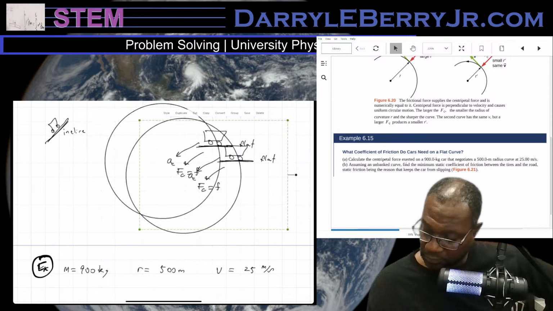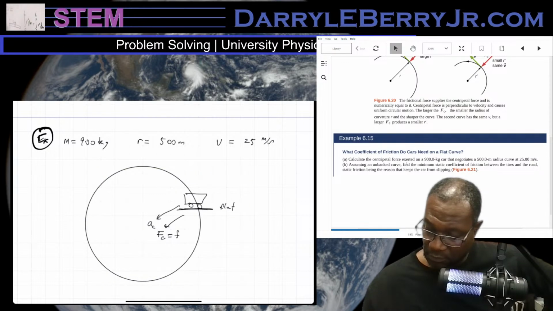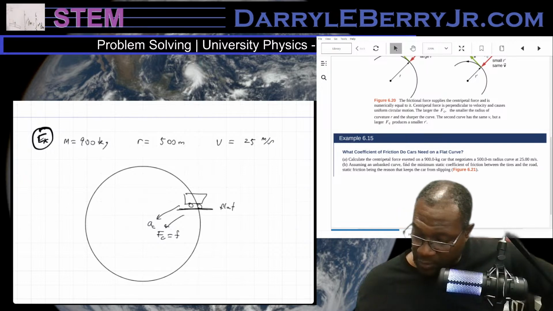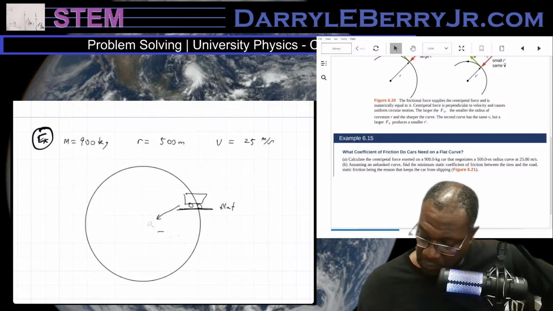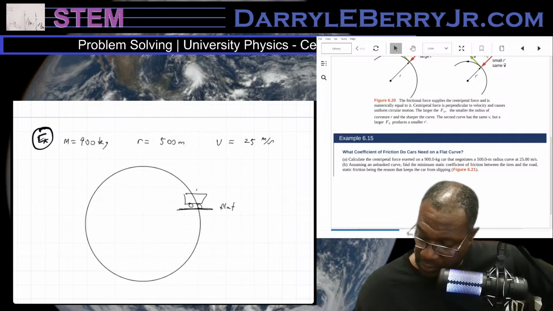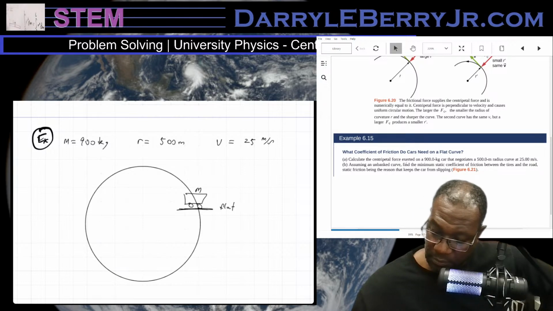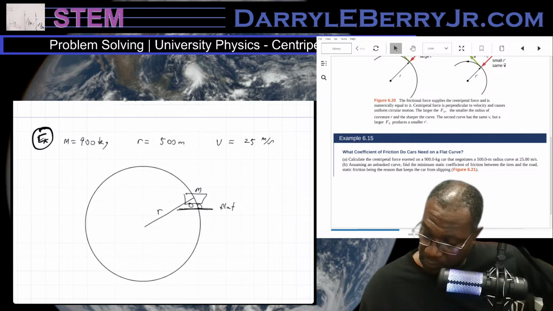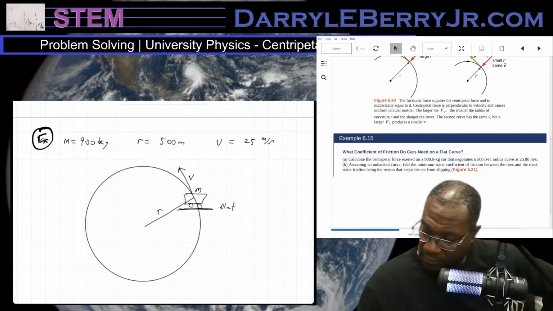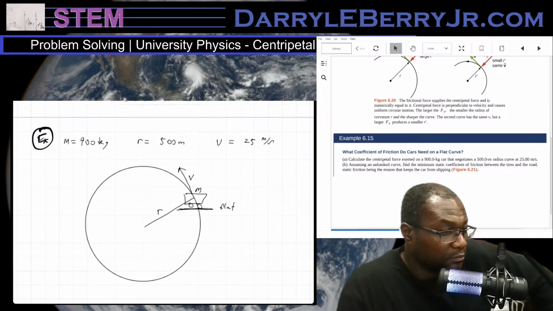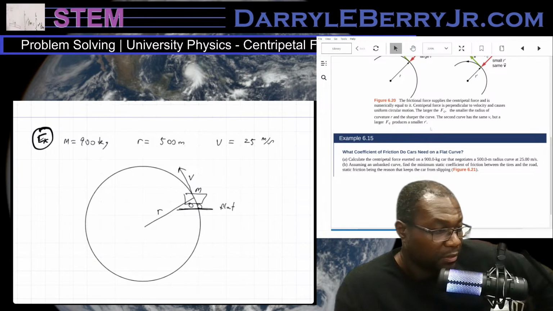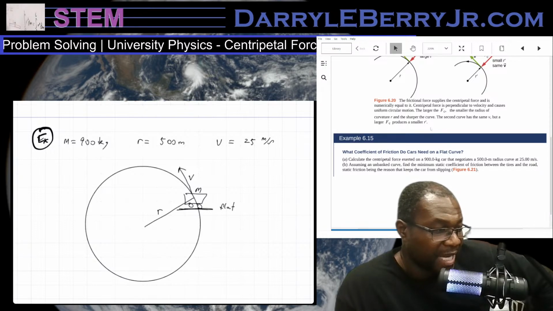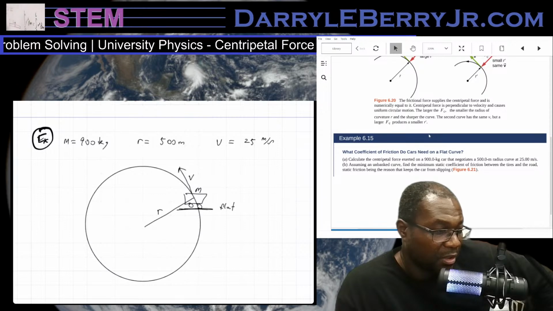Copy this down. So this is m, v. Assuming an unbanked curve, find the minimum static coefficient of friction between the tires and the road. Static friction being the reason that keeps the car from slipping.